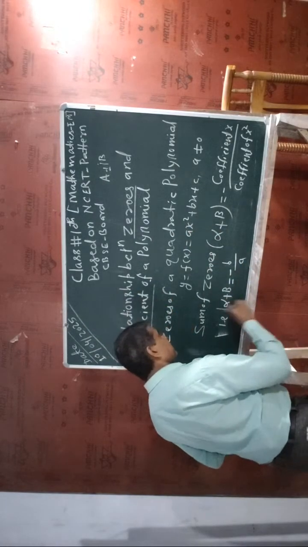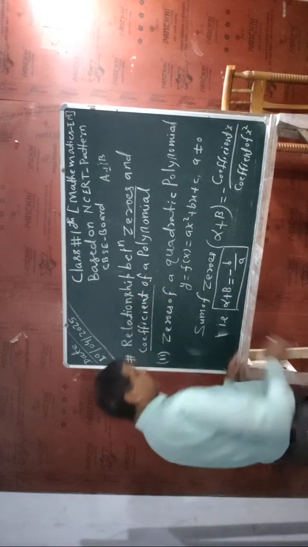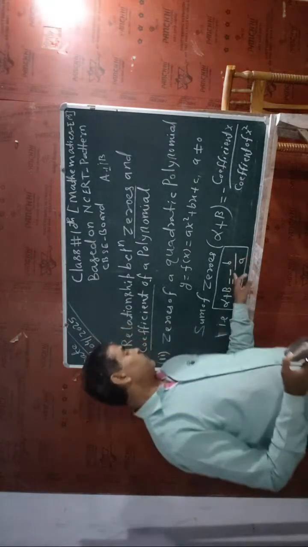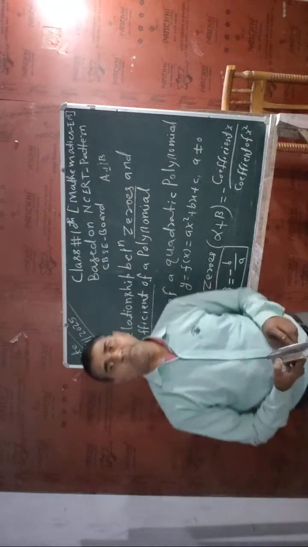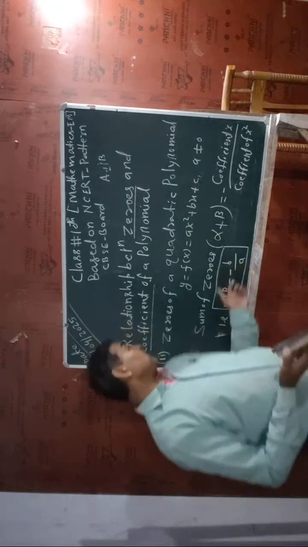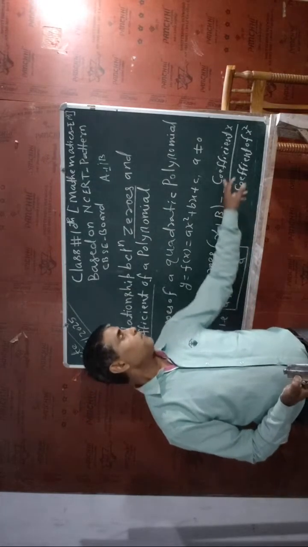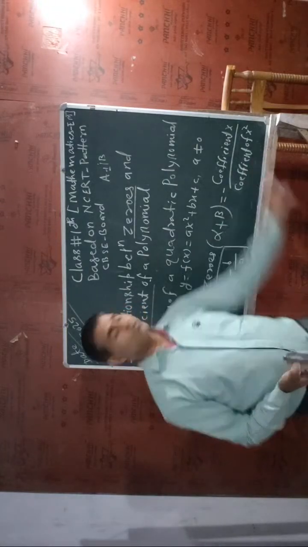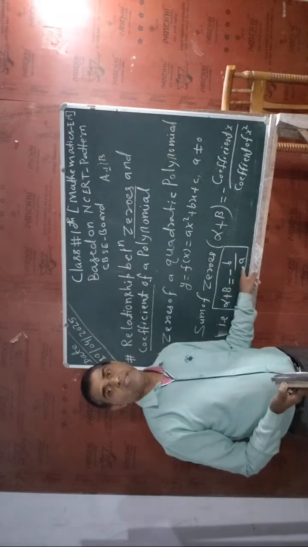So this is the important formula, and we have to remember it for solving numericals. Okay, student. If a quadratic equation is given, the sum of the zeros, that is the sum of the two roots, will be minus coefficient of x divided by coefficient of x square, and I can write alpha plus beta is equal to minus b by a.